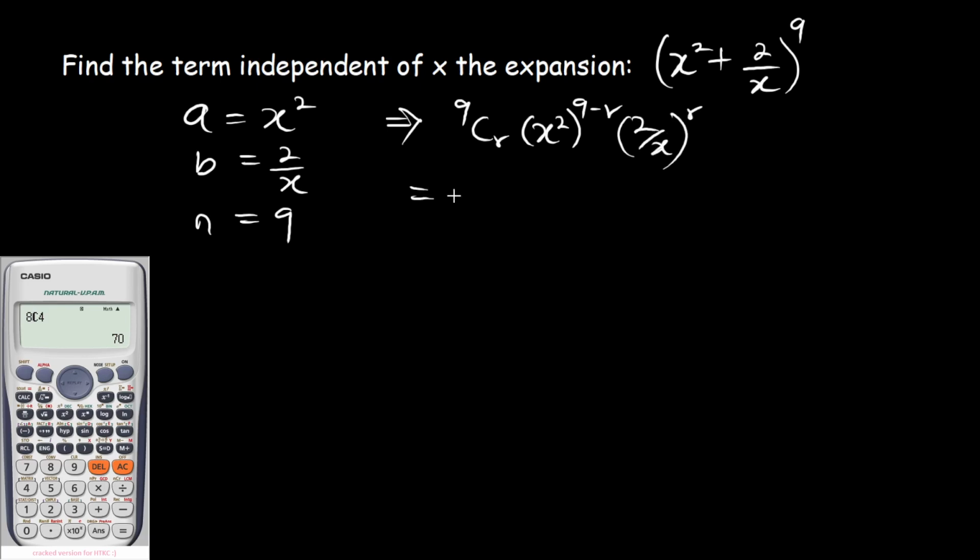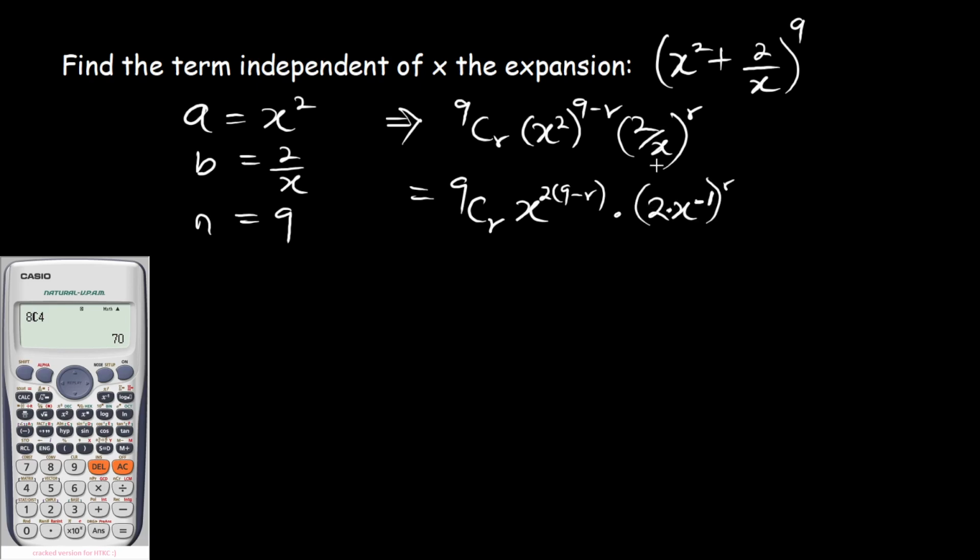So we are going to have 9 combination r times x raised to the power of 2 times 9 minus r, then this will give us 2 times x raised to the power of minus 1 raised to the power of r.